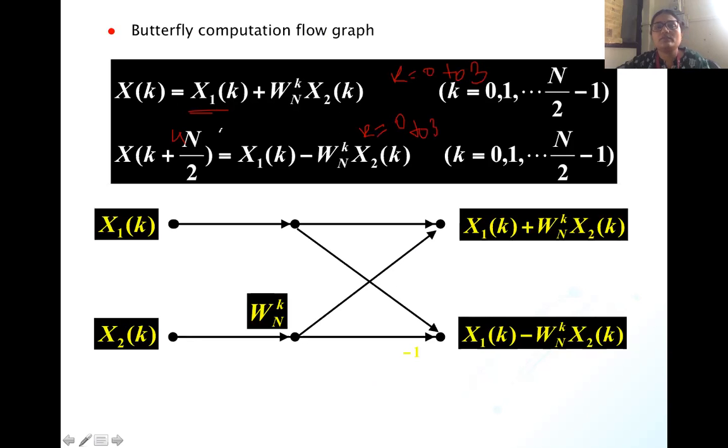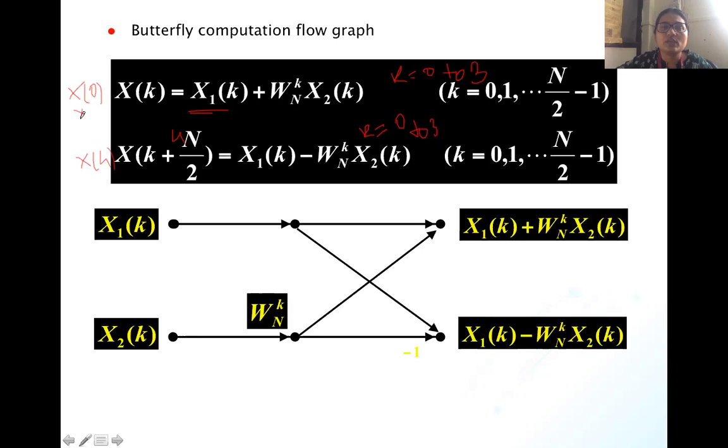So for k equal to 0, the fourth value we will be calculating. First at the start we will calculate the X of 0 value by substituting k equal to 0, and from this second equation we will calculate the X of 4 value by performing the subtraction operation.